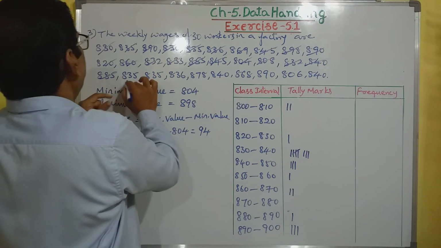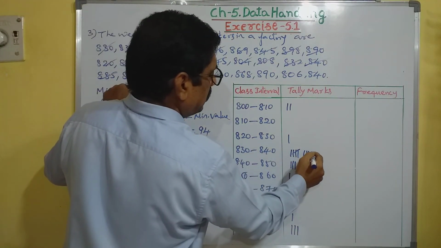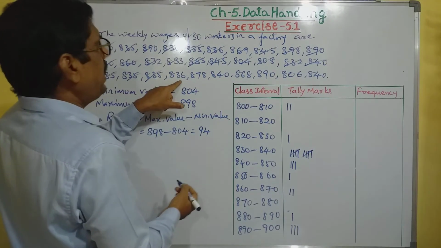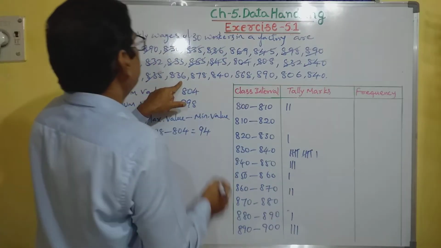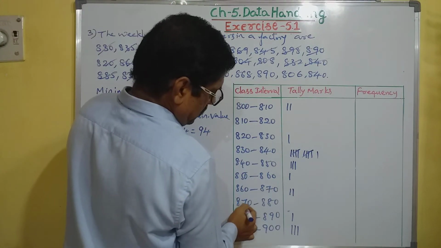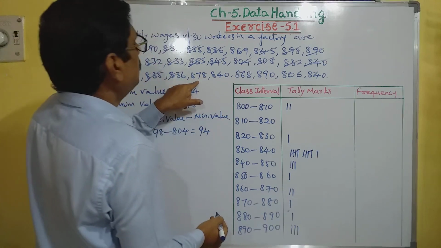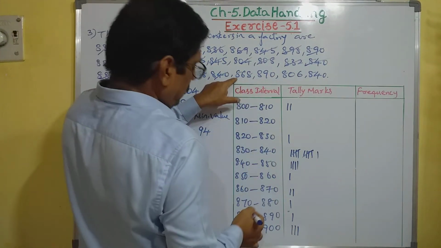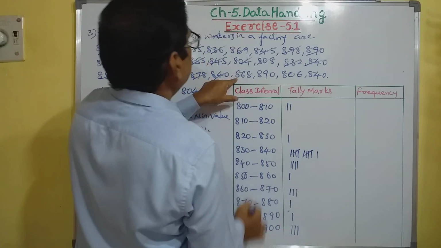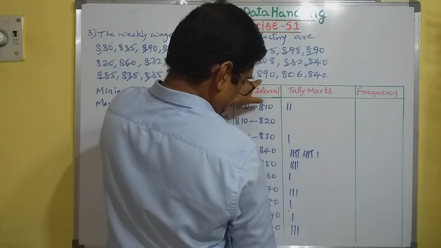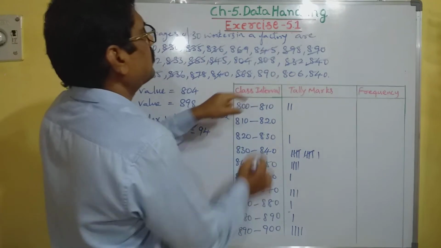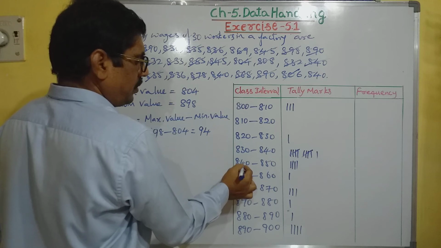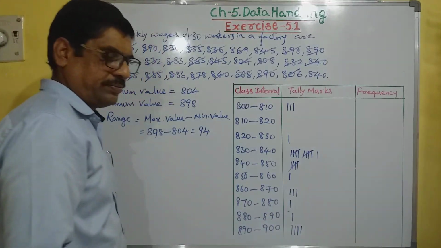Now 835 here. 835 again. 836 again here. 878 here. 840 we have to take here. 868 here. 890 is the last class. 806 will be in the first class. 840, that is the last one, you have to take here.